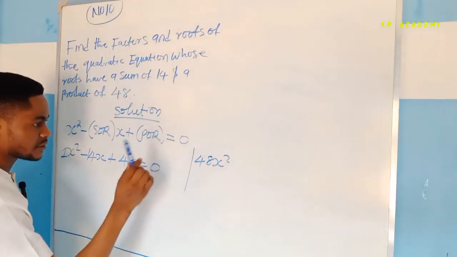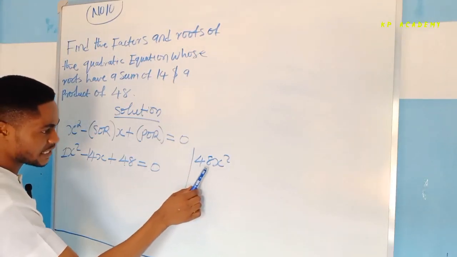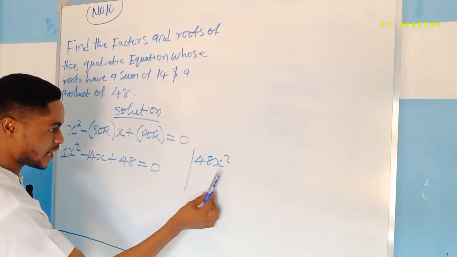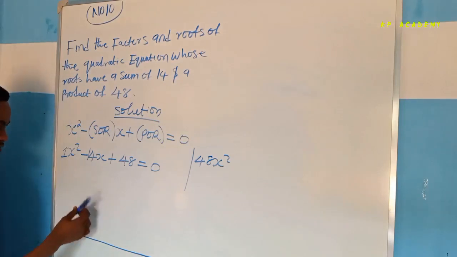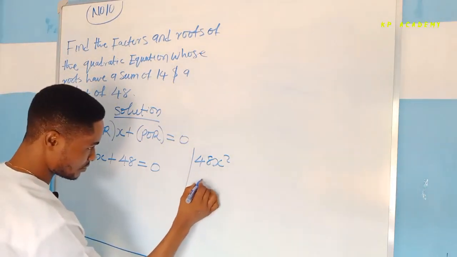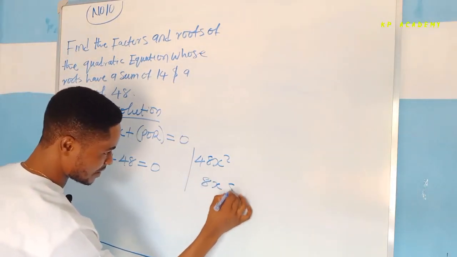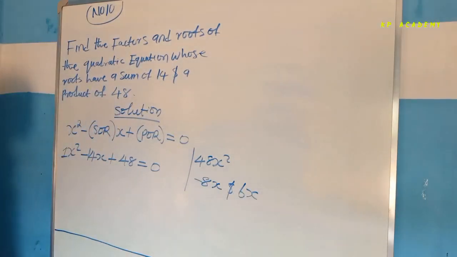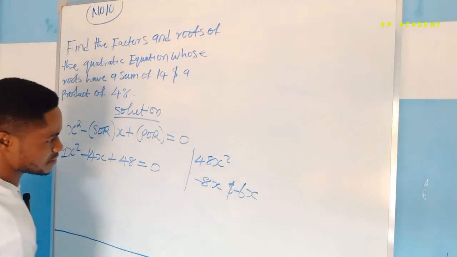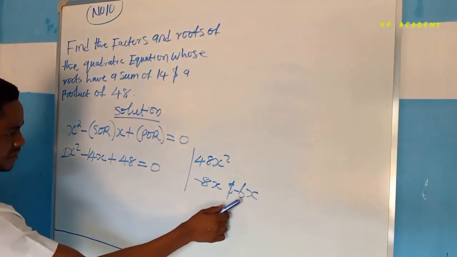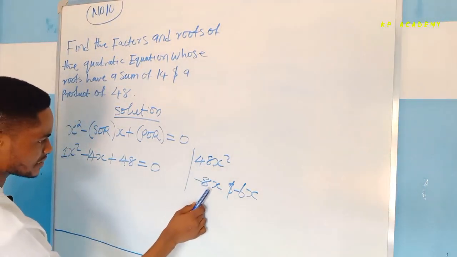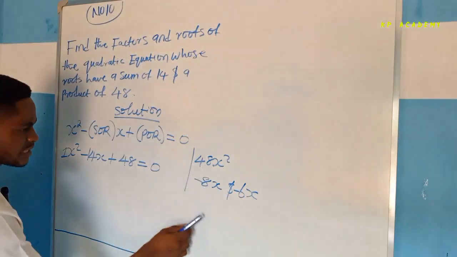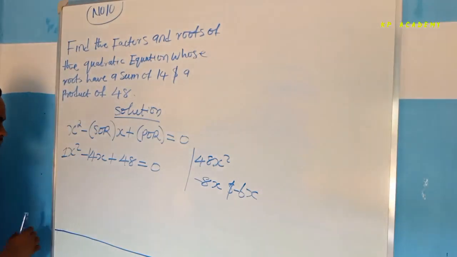Therefore, the factors that, when multiplied, give us 48x squared, and when added give us minus 14x, are minus 8x and minus 6x, such that minus 8x times minus 6x gives us 48x squared, and minus 8x minus 6x gives us minus 14x.